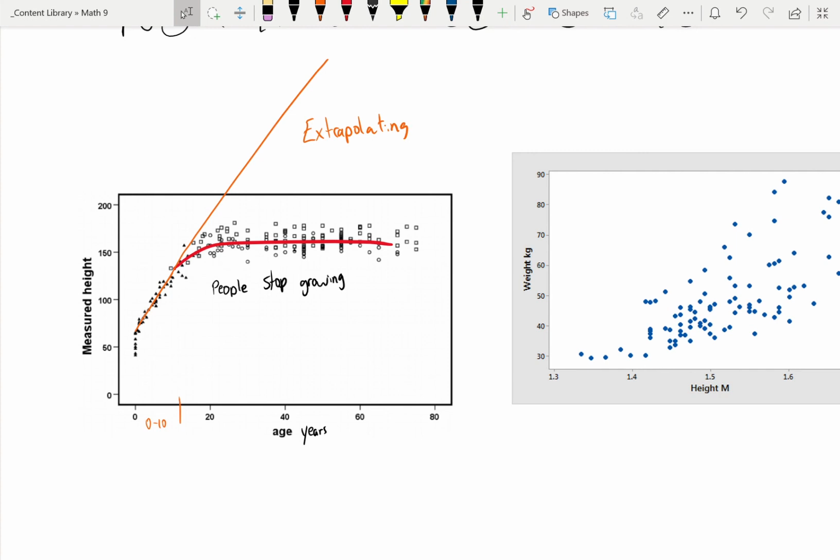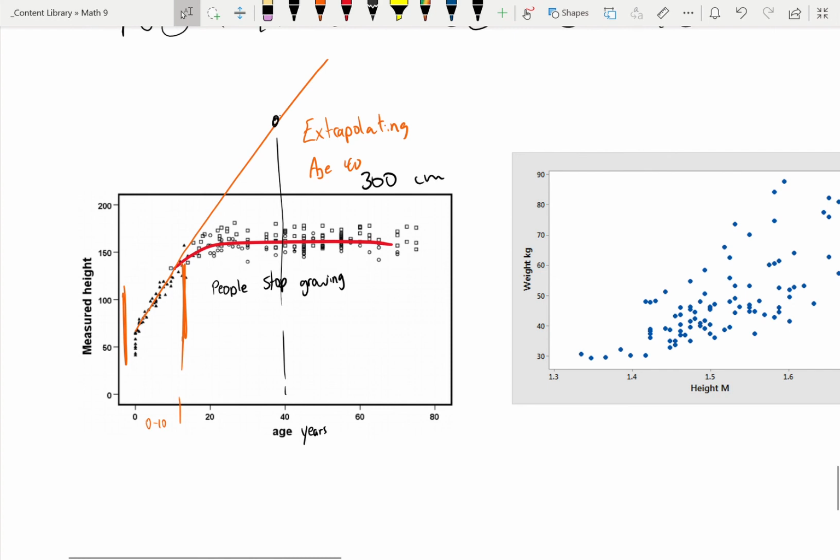So if I was to extrapolate, like say I only had this set of data here, and someone asked me age 40, how tall are they? I'm going to go all the way up to here, and it's already off my graph, and I'm going to say something like 300 centimeters.